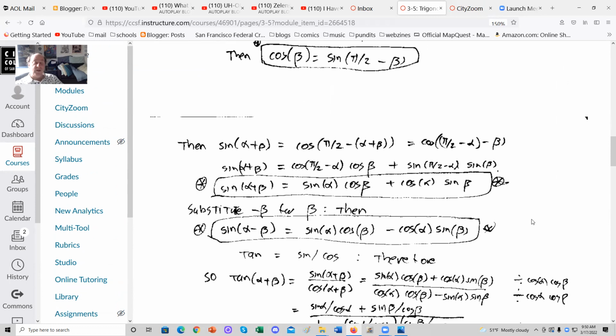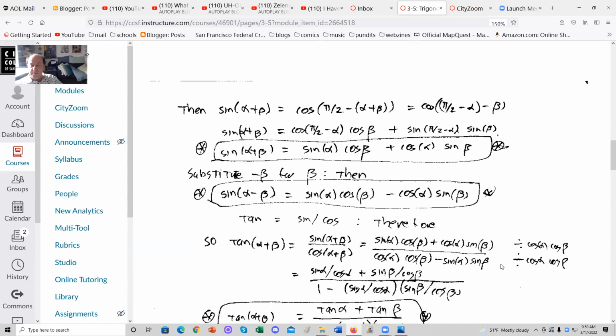Go one more step. Let's find the tangent of a sum and of a difference. Well, tangent is sine divided by cosine. Therefore, tangent of a sum is sine of the sum over cosine of the sum. And here in the numerator, sine of alpha plus beta is sine cosine plus cosine sine. Cosine of a sum is cos alpha cos beta minus sine alpha sine beta.